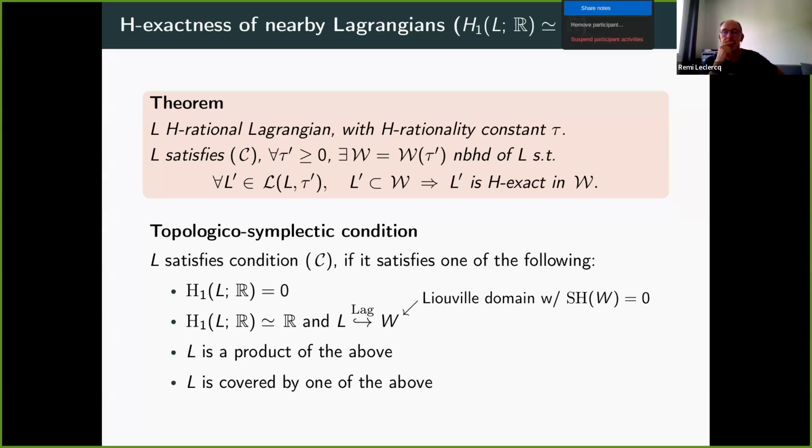So what? Well, it's H exact, but it's not exact, right? Exactly. But it fails this map on H1 to the 0.